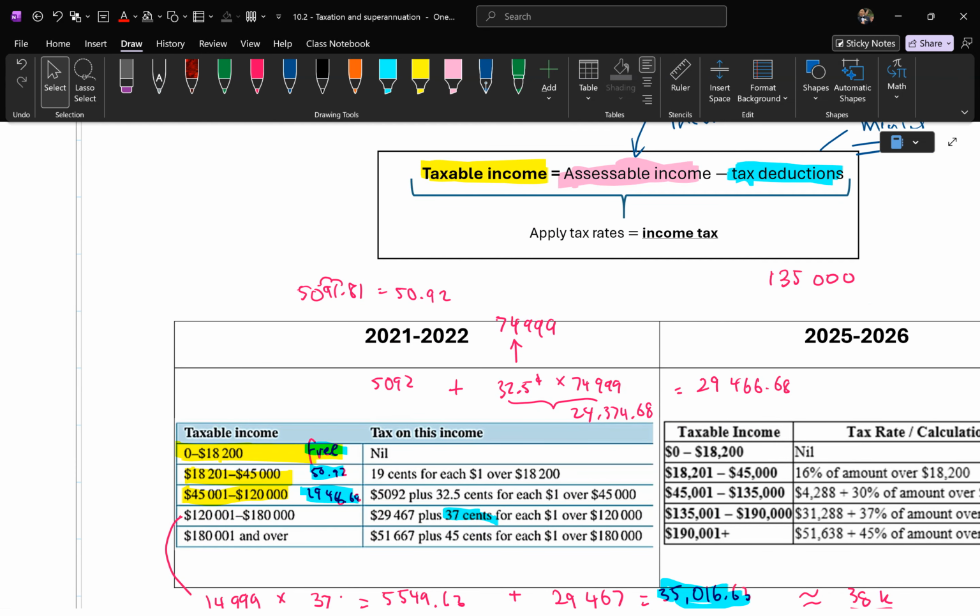Okay, so I'll summarize it again. Taxable income is your total income minus the deductions. The more deductions you have, the less that number is, less tax. That's called taxable income. Yeah? Income tax, if you see that word, that just means these brackets. Cool? All right.